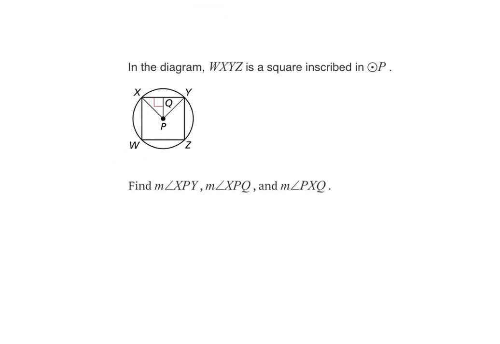Okay, once again, same picture, different questions here. We're looking for the measure of some angles here. So when I do these, what I like to do is draw the big triangle first, okay? And I want to know what the measure of this little angle inside here is going to be. Well, if I have a square, how many central angles would I have inside of a square? 4, right? 4 sides, 4 angles, right?